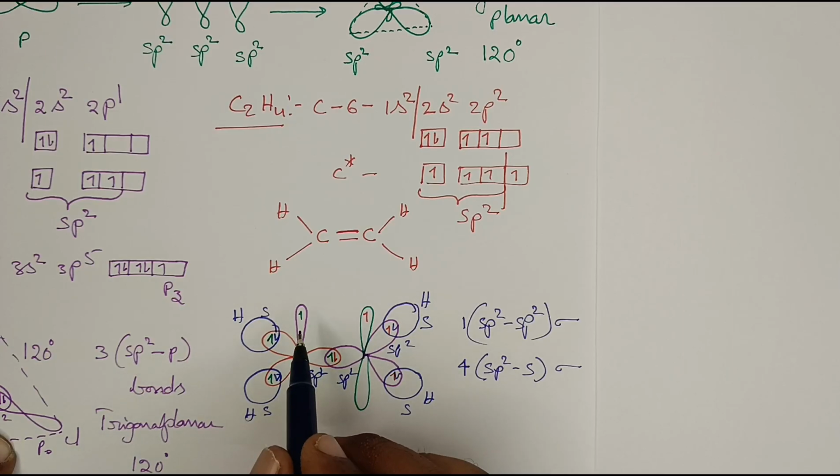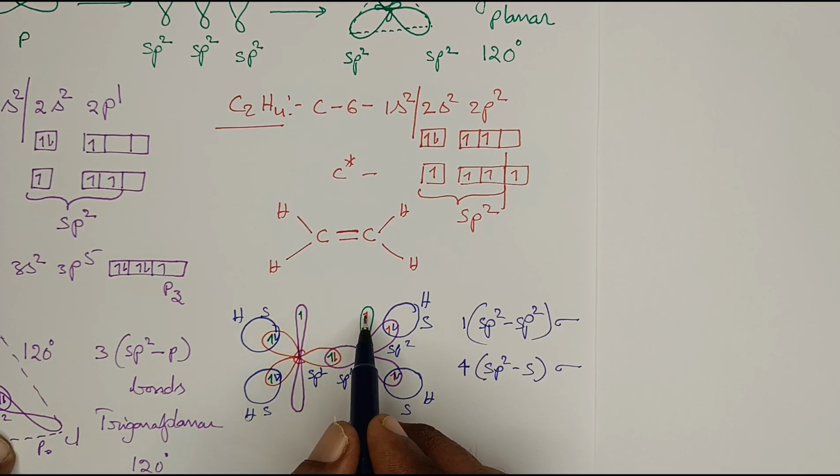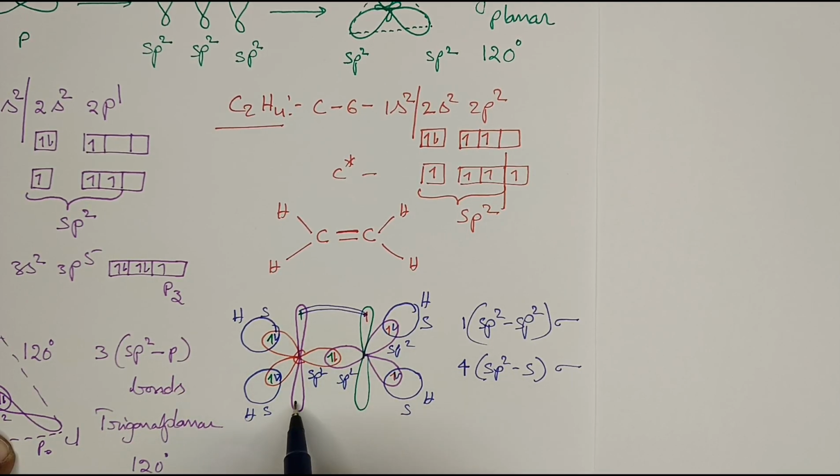Finally, this is unhybrid, that means pure. This is also unhybrid, that means pure. So these two orbitals overlap sideways to form one p pi bond.